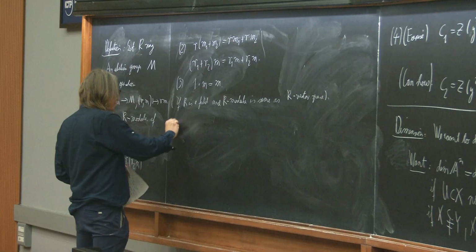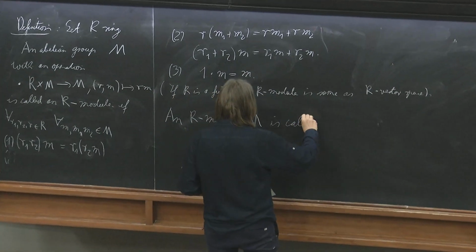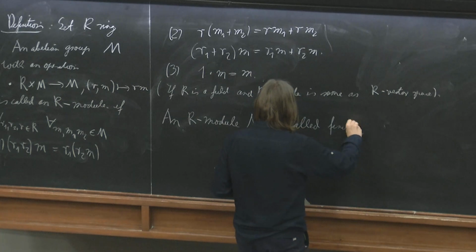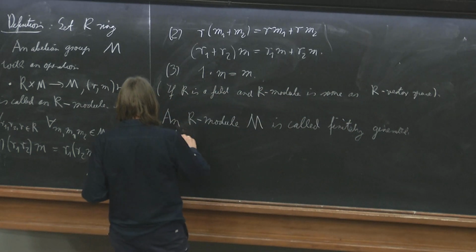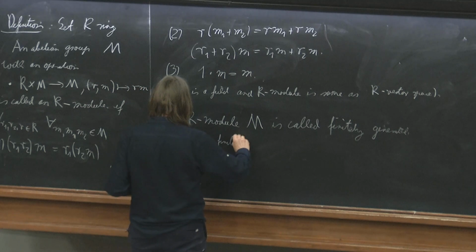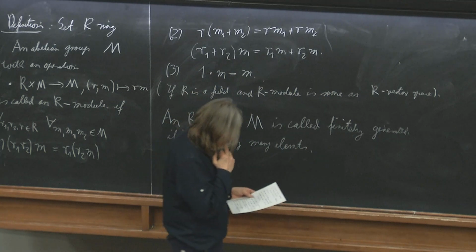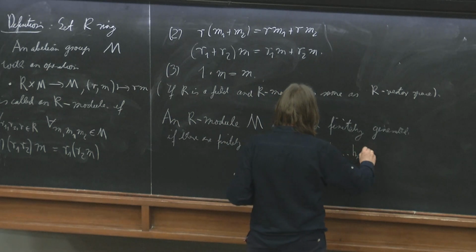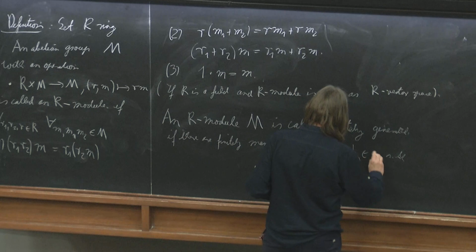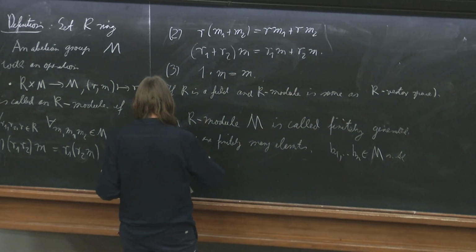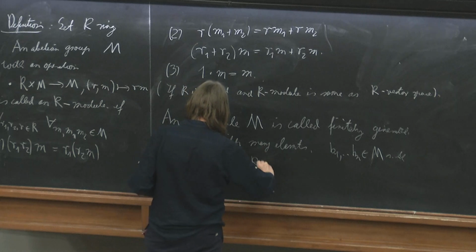So an R-module M is called finitely generated if there are finitely many elements, say v1 to vn, in M such that M can be written as Rv1 plus ... plus Rvn.